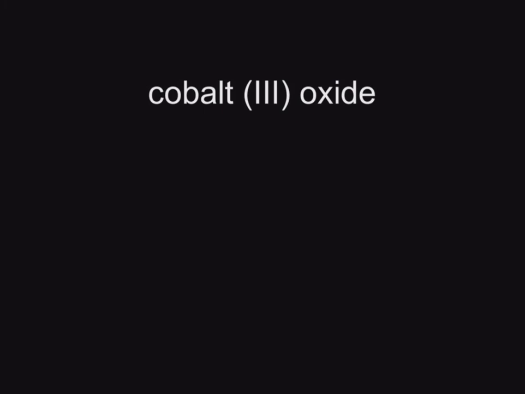Okay, so now we're given the name and we have to work out the formula. This is actually easier because the number in the middle tells me the charge of the first element. So it's cobalt, and the Roman numeral 3 means it has a charge of +3. It doesn't mean there are 3 of them, but it means they have a charge of +3.